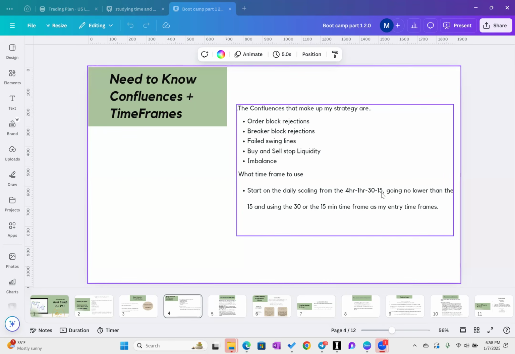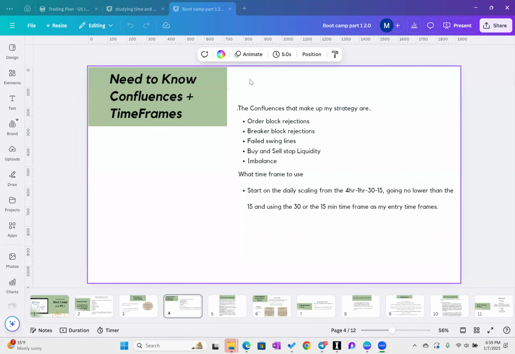But for me, as an intraday trader, I start on the daily and then scale down to the 4 hour, the 1 hour, the 30 minute. I typically go no lower than the 15 minute. There are times I need to use the 5 minute if I don't see anything, but that's very rare. I typically use the 30 or the 15 minute as my entry time frames.